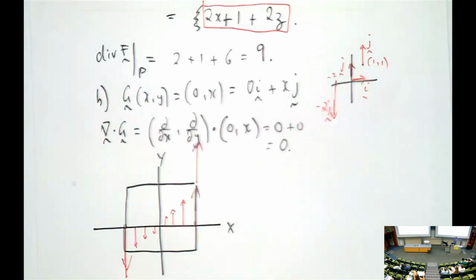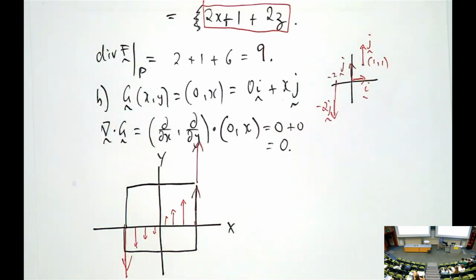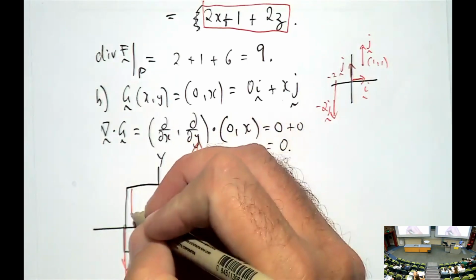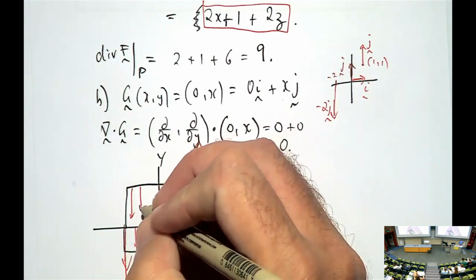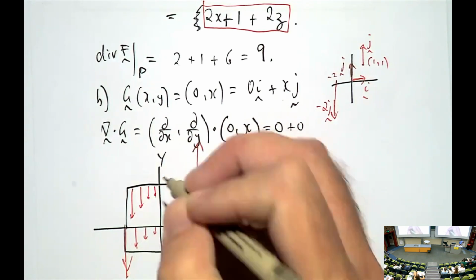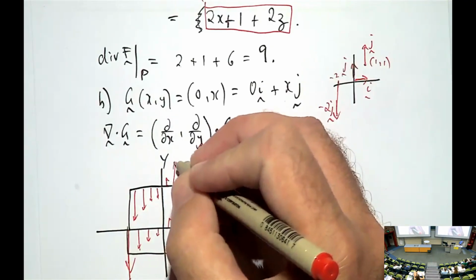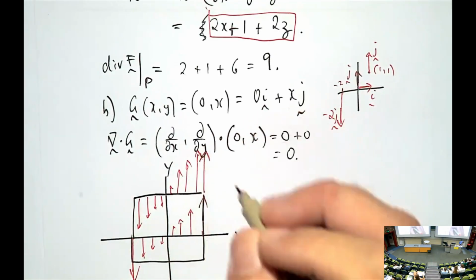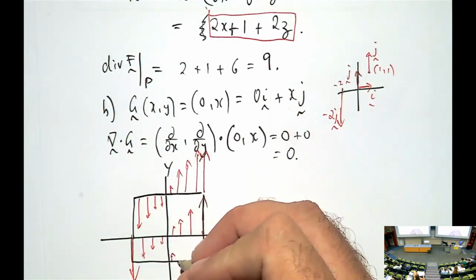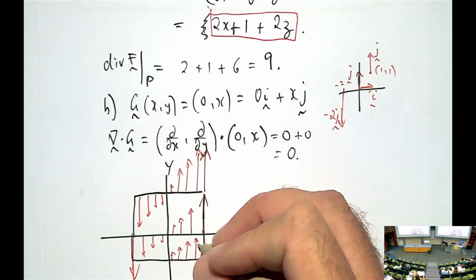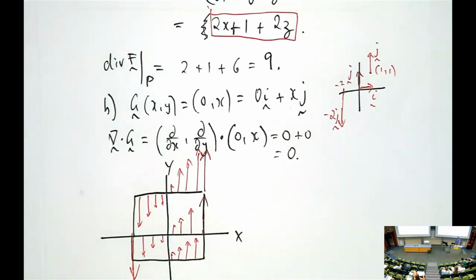What about if I'm up here, say? If I'm down here, right, from here. Okay. Now look carefully at the boundary, just the edge, the perimeter.